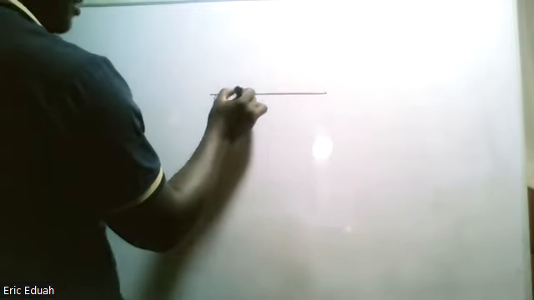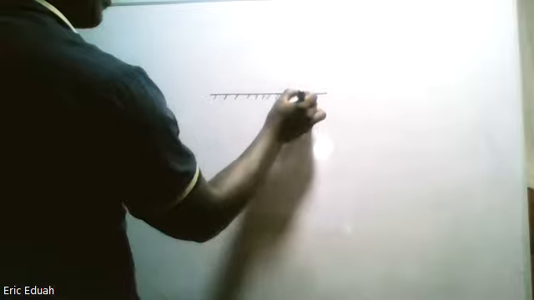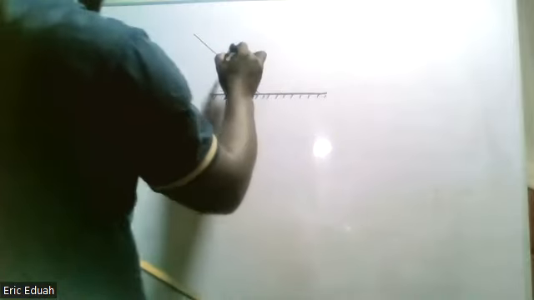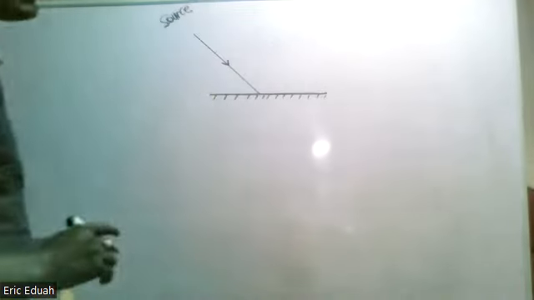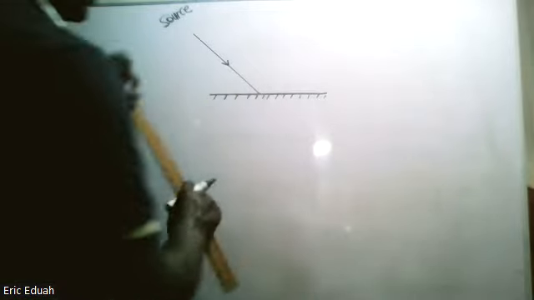So this is the mirror. So once a source is being directed to it, we have a source of light. Under this concept, we don't change the source. It is always fixed. So you can do your rotation, but the source is always what it is.